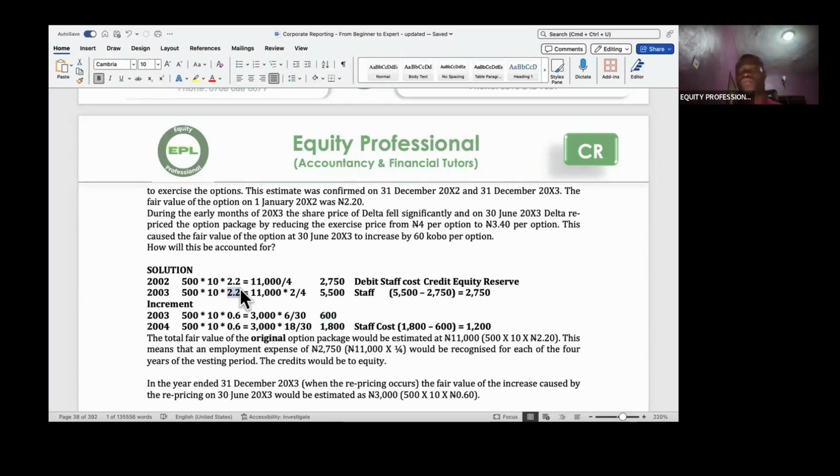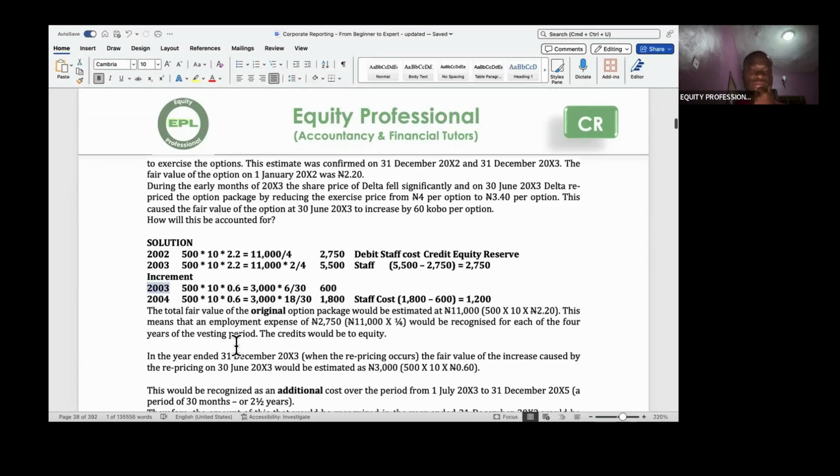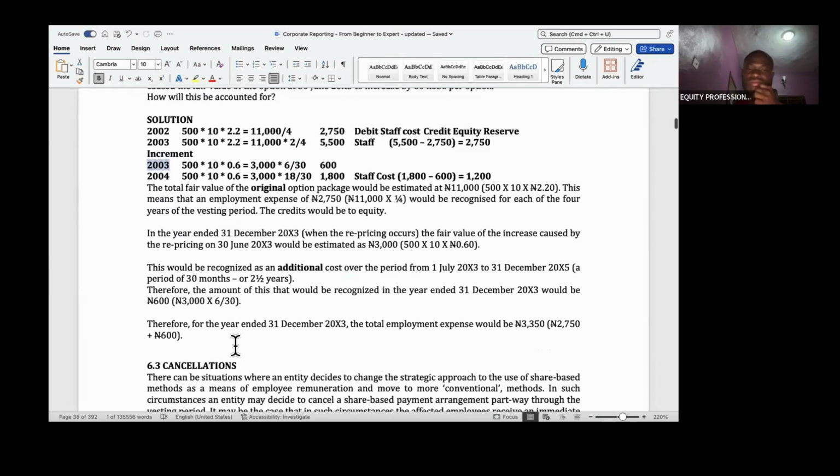But there will be a lot of complexity, calculations and all of that. That's why we did it separately. So the 3,000, I'm spreading it over 30 months, over 2.5 years. We did for year one, so I can continue like that. But this question really wants us to stop in year three or in 2003. Okay, so that is modification.